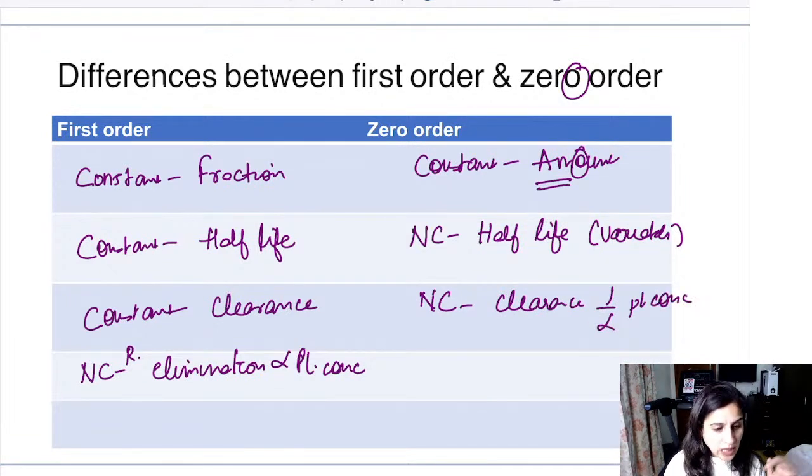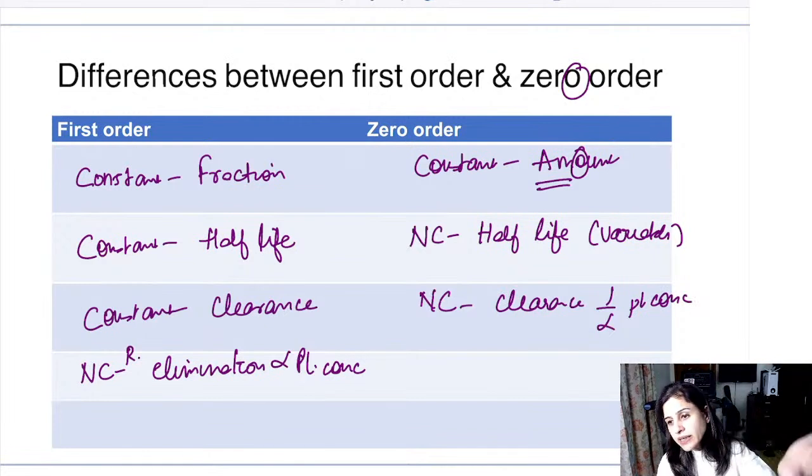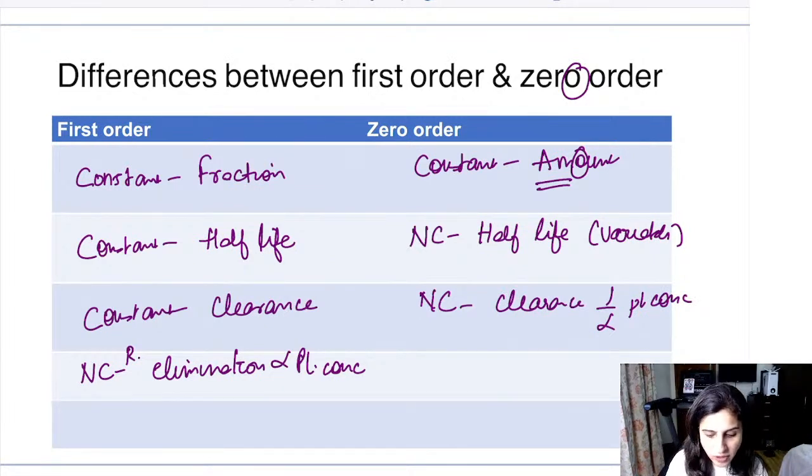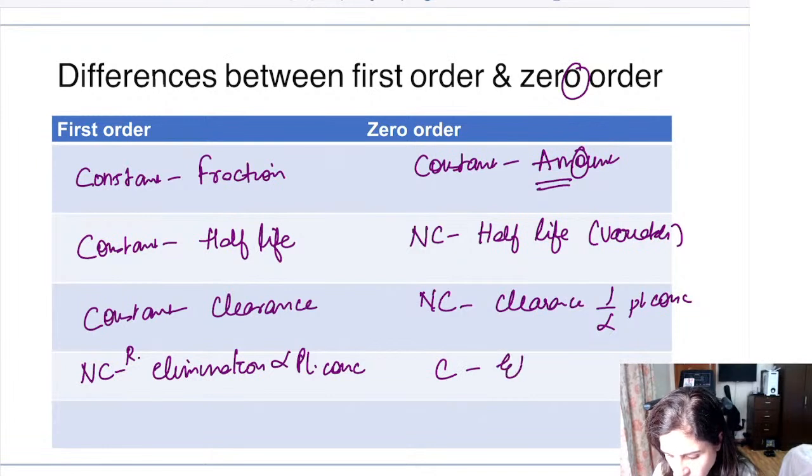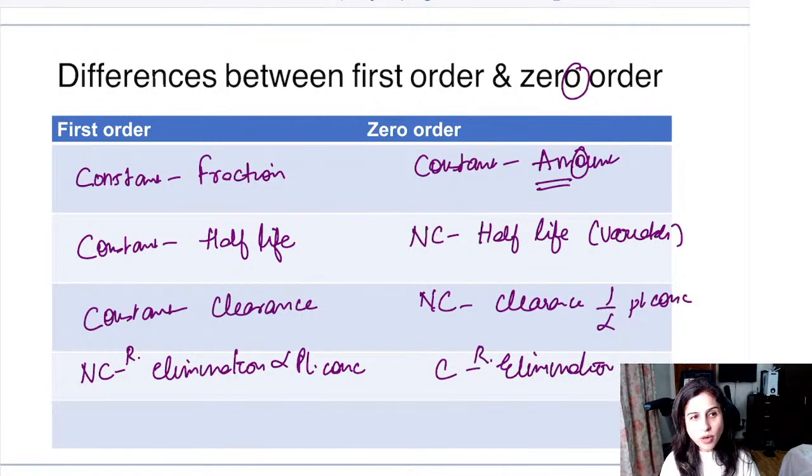Okay? As plasma concentration increases, clearance decreases here. Inversely proportional. Now because elimination is not constant in the first order, it is constant here. So the rate of elimination is constant. So these are the four important differences that you must know about the first order as well as the zero order kinetics.